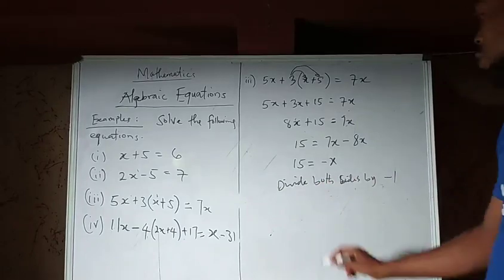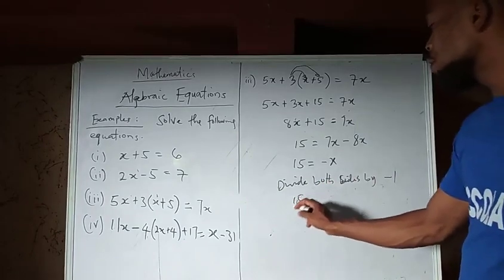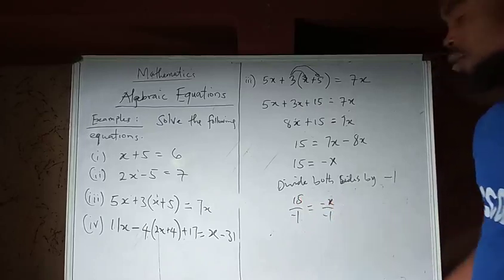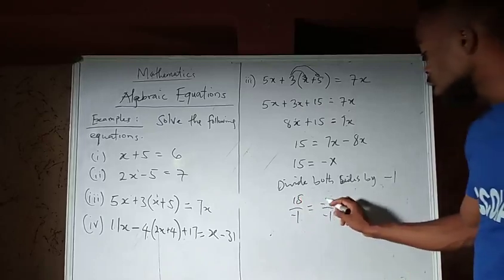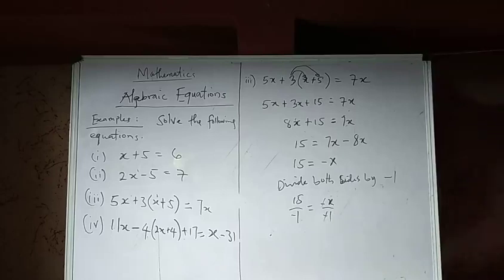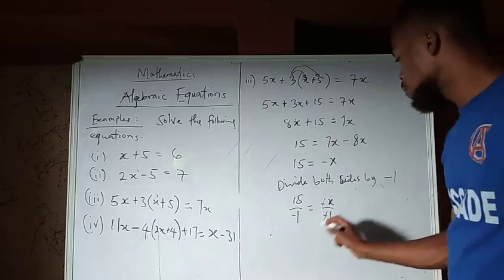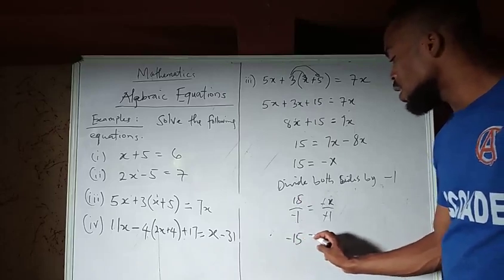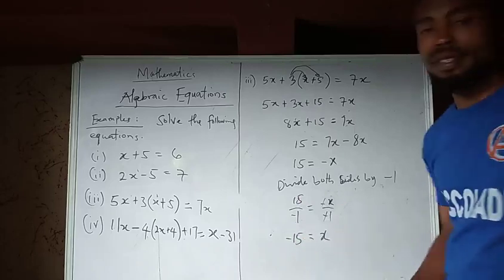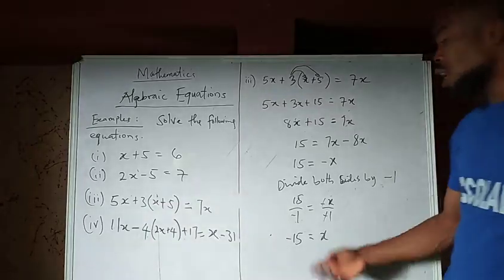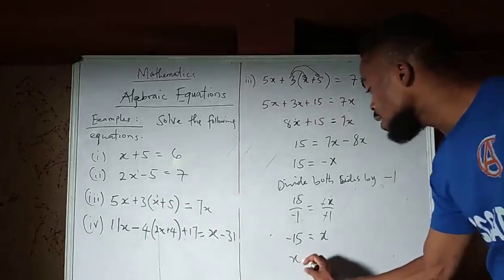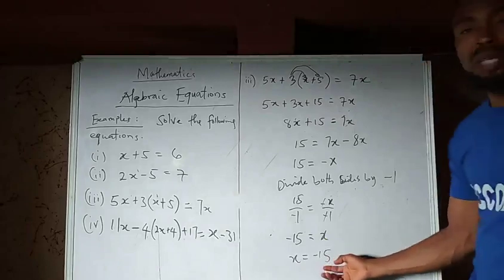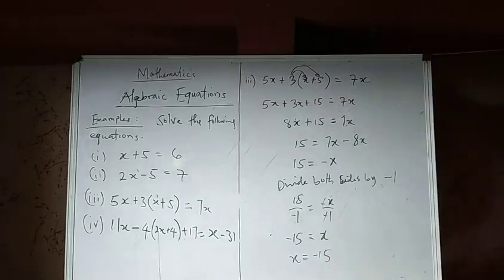So we get 15 over minus 1 equals minus x over minus 1. This minus divides minus to become positive, and we are left with 15 divided by minus 1, which is minus 15, equals x. So that means x is equal to minus 15. You can write it this way. So that's it for this one.